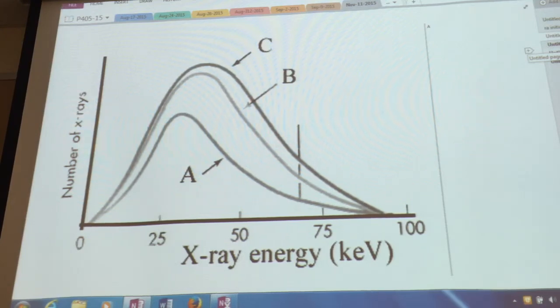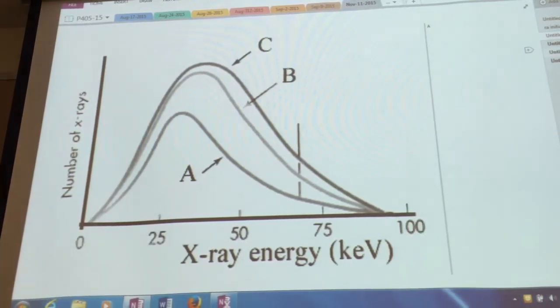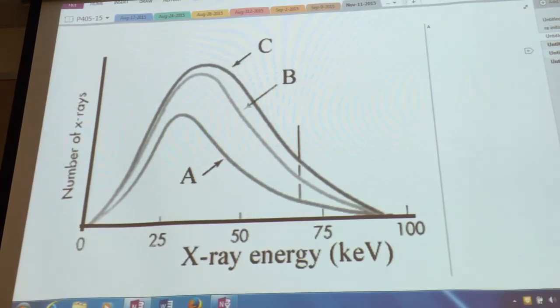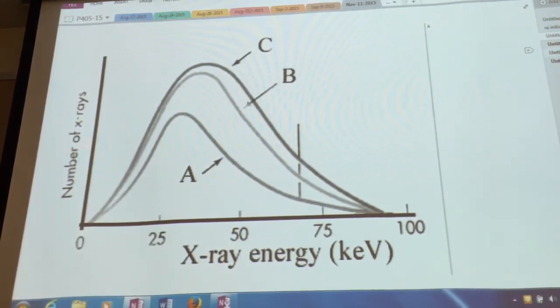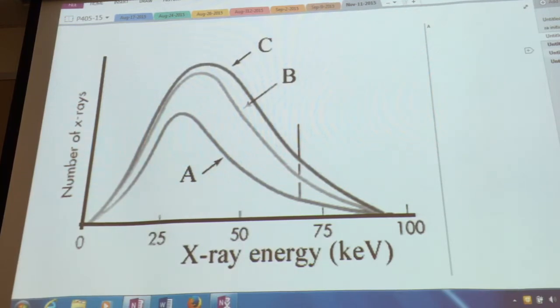So as we go up, we're increasing the number of high energy photons by doing something. And it's not filtering. By increasing the KEV? They have the same maximum KVP and the same target. We have not increased the voltage. The voltage is the same. The target is the same. Little vertical lines. What else can we change? I think it's the same thing.